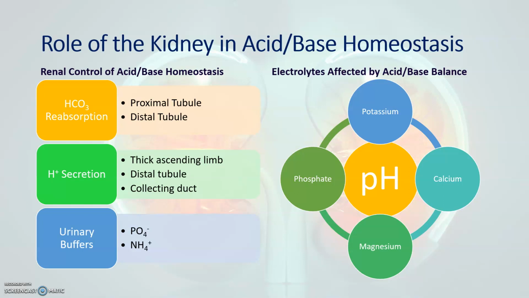Now there's a flip side to that, which is that in the long term, acidemia leads to an overall loss of potassium from the body, simply because acidemia leads to a larger amount of potassium in the extracellular fluid, and therefore over time more potassium is lost in the urine.